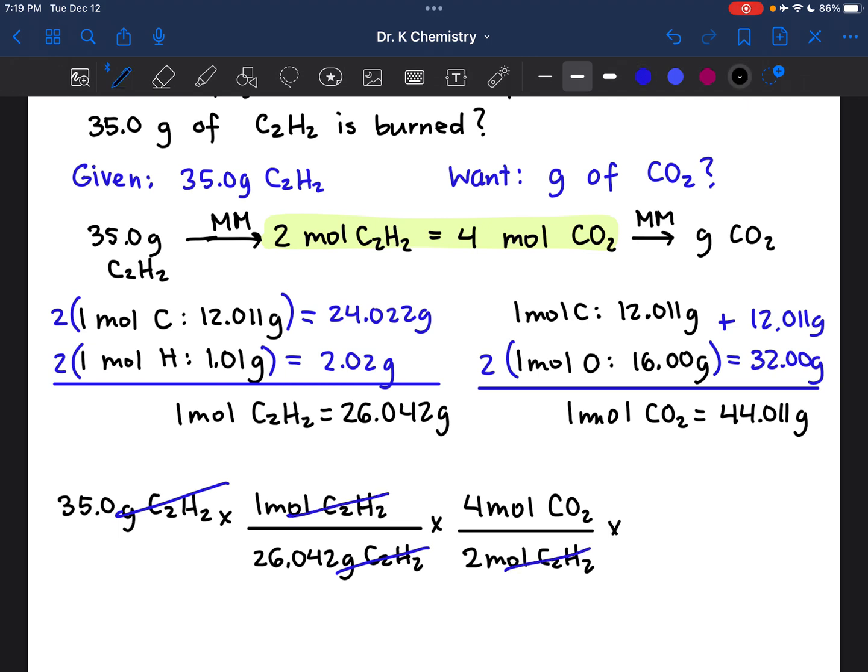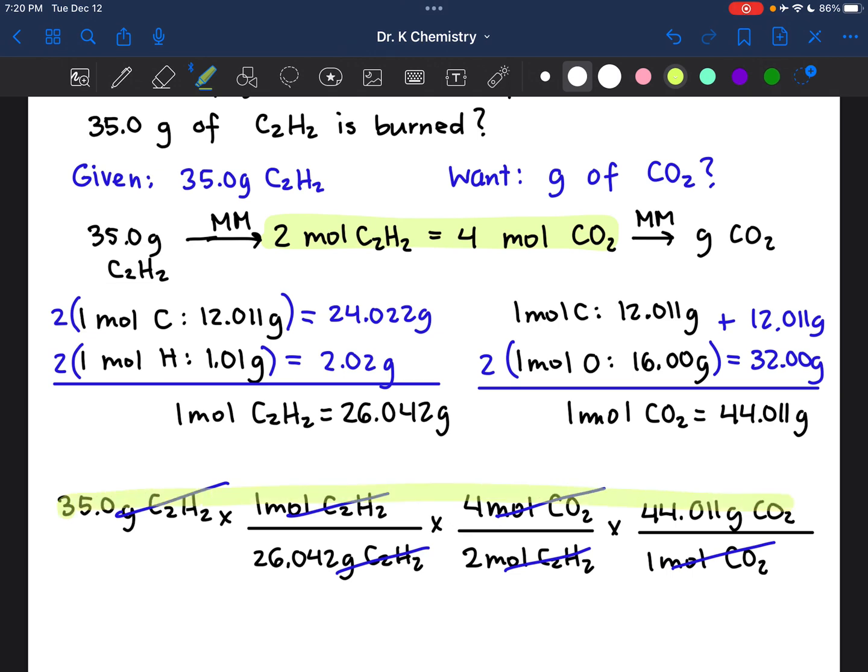And now the moles of C2H2 cancel out, and we have moles of carbon dioxide. Finally, when we have moles of carbon dioxide, we can convert that to the mass using the molar mass of that compound. So whatever unit is up top here, that's the unit that has to be on the bottom for it to cancel out, which means 1 mole of CO2 will be on the bottom, and 44.011 grams of CO2 will be up top. And then the moles of CO2 cancel.